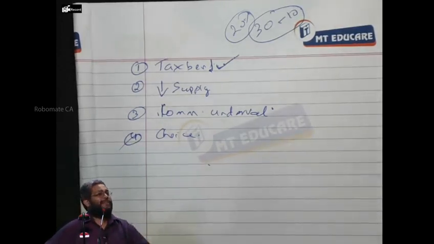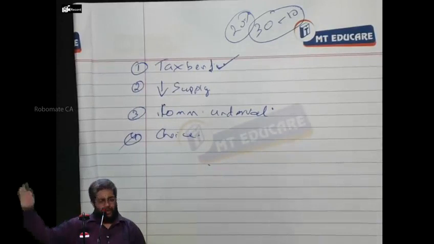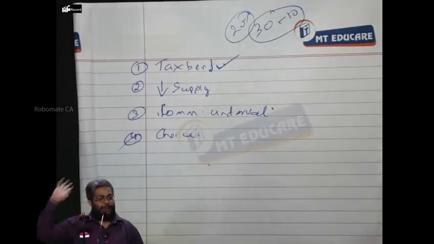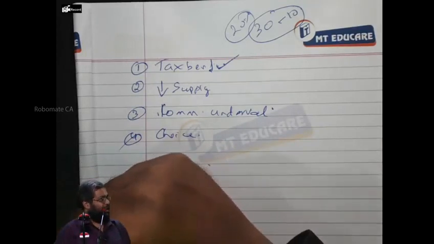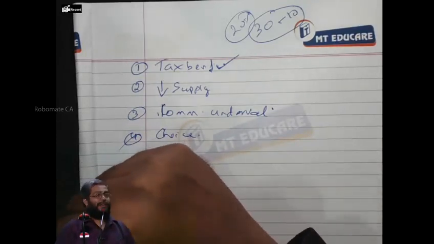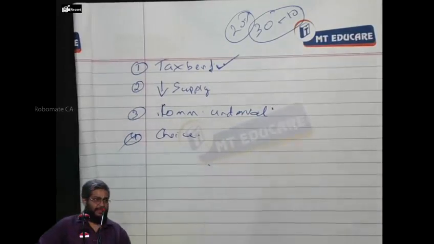Tell me, what is the objective of running my company? Always, any corporate's only aim is to increase what? Share price. Somehow I should do that. Yes or no? Point number 2 over.